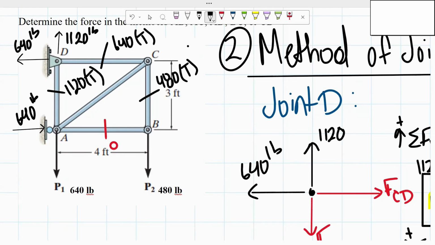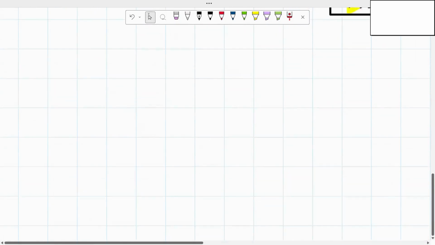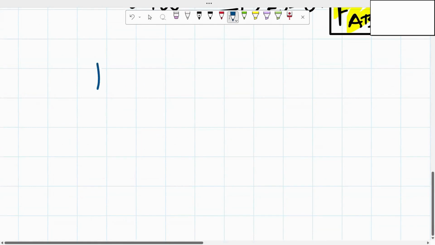The one bar that we're still missing is bar AC, because we already did the ones on the outside. So because of that, I'm now going to use the method of joints about joint A to determine that last member.